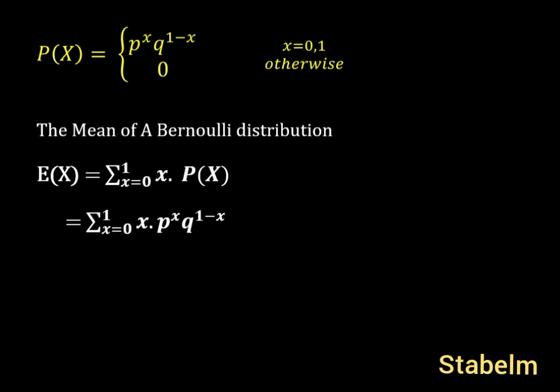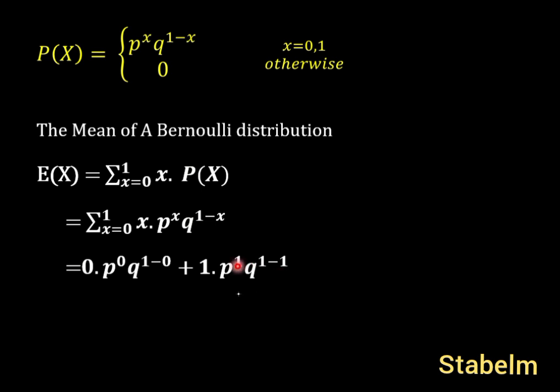We have the whole of this when x equals 0, plus the whole of this when x equals 1: 0 multiplied by p raised to power 0, q raised to power 1 minus 0, plus 1 multiplied by p raised to power 1, q raised to power 1 minus 1. When x is 0, the whole of the first term is 0, so 0 multiplied by the whole of this equals 0.